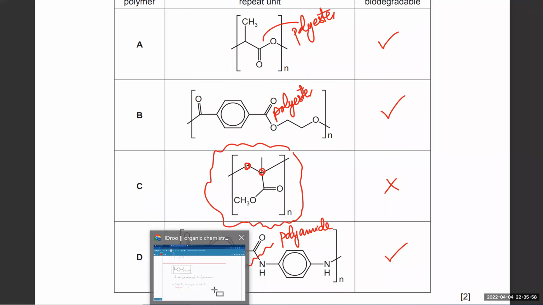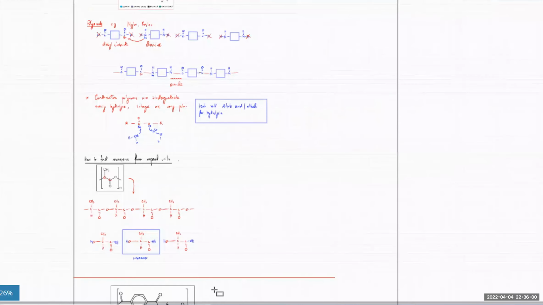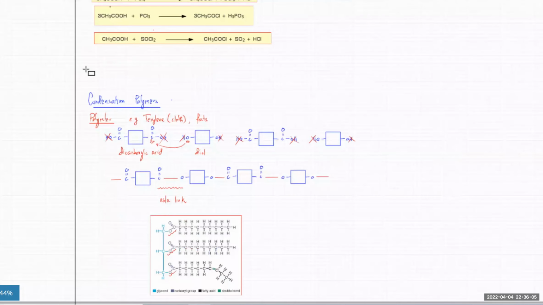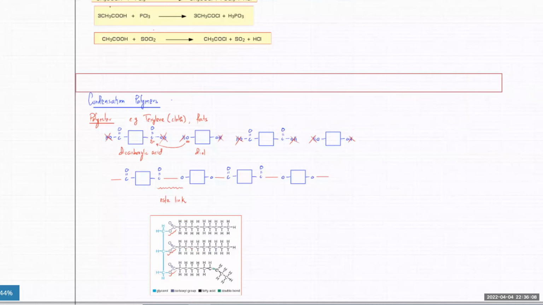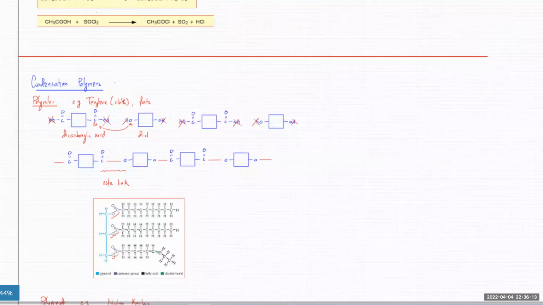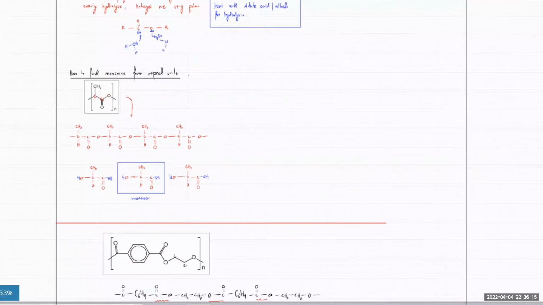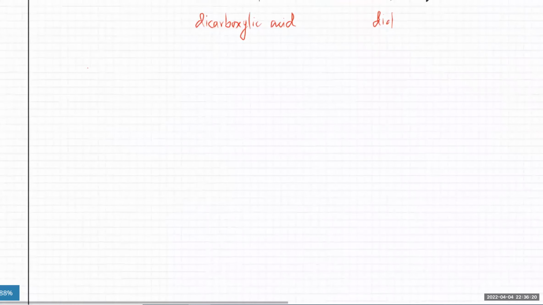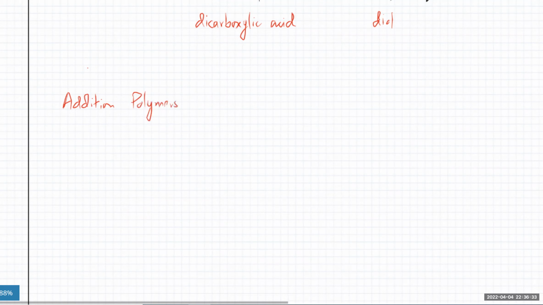So remember, these addition polymers, which you've studied in AS as well, are not biodegradable. I'm just going to draw one very simple addition polymer. They're formed using alkenes.